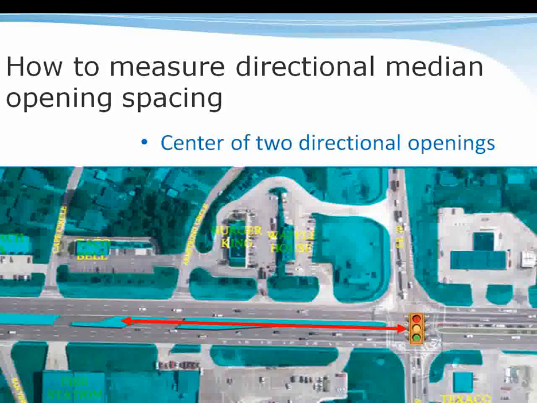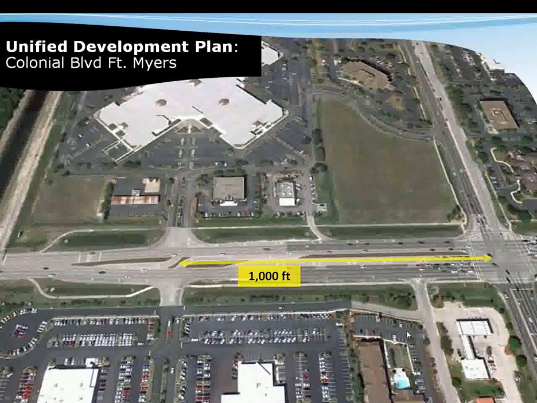So what we say is that you measure from the center of this pork chop island to the center of the intersection. In real life, this is a picture of really the same thing. This is the pork chop island to this Unified Development Plan in Fort Myers. And you can see it is over 1,000 feet to this intersection. So once again, a Unified Development Plan can assure much better access management.